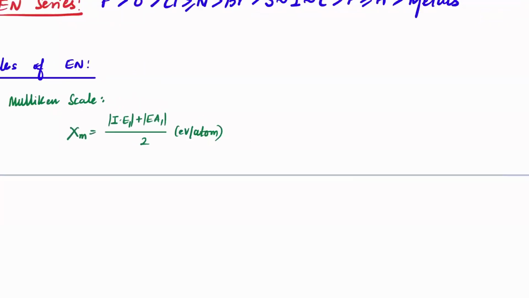And when we notice the values of the Mulliken scale, one trend has been identified: all the electronegativities which we identified in the Pauling scale were 2.8 times lower than the Mulliken values. Got it?